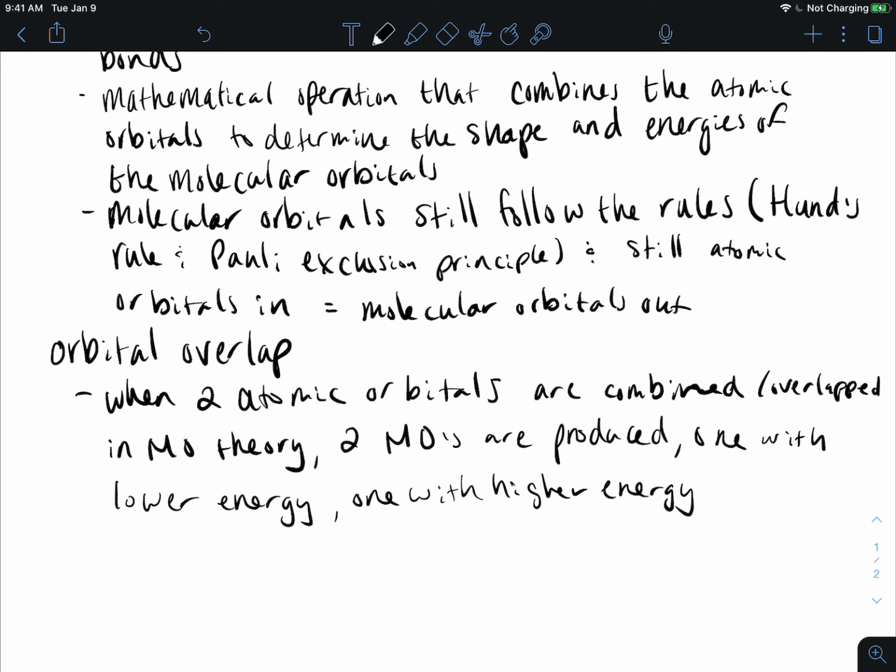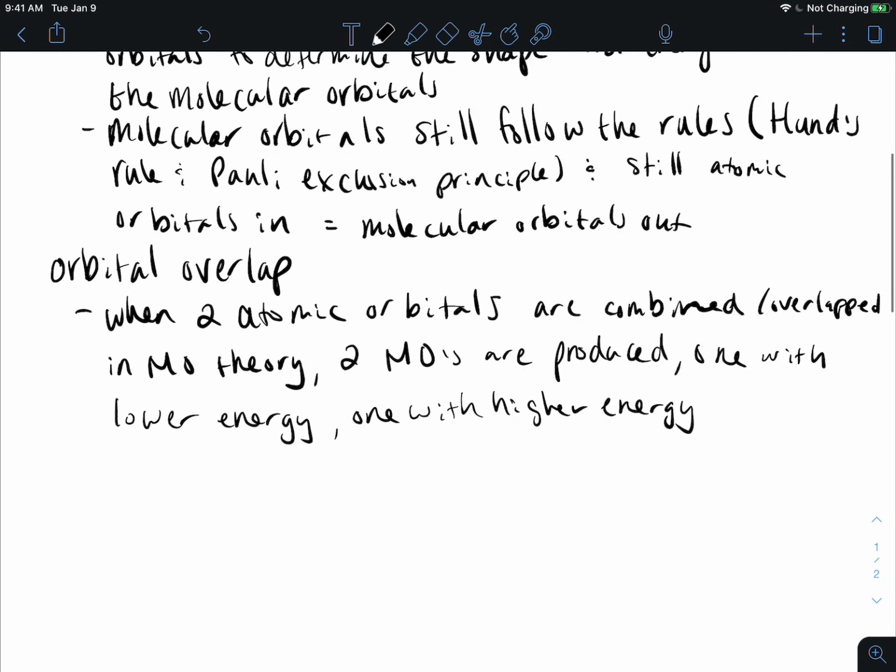We call the one that's lower in energy the bonding molecular orbital, the one that's higher in energy the anti-bonding molecular orbital.